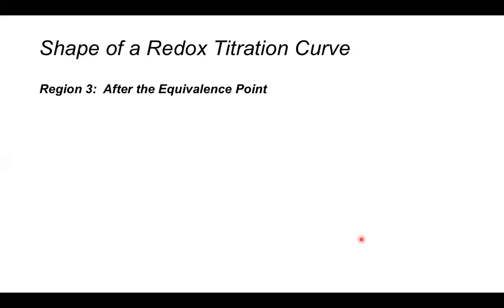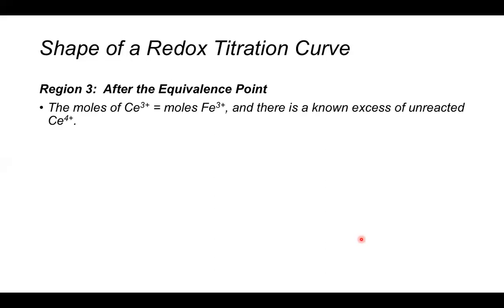After the equivalence point, this is kind of like being in the acid rich or base rich region, but here it is based on the potential of the system. The moles of cerium 3 plus are equal to the moles of iron 3 plus, and that doesn't change, because as we keep adding more cerium 4 plus, it no longer gets reduced to cerium 3 plus.